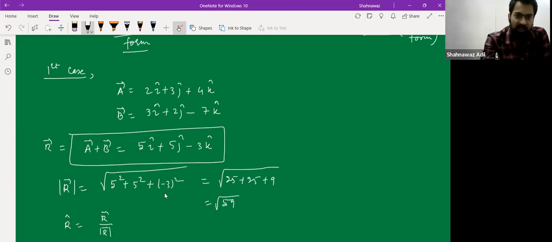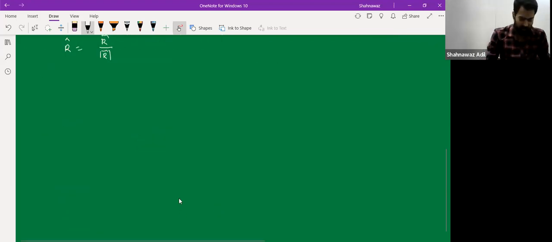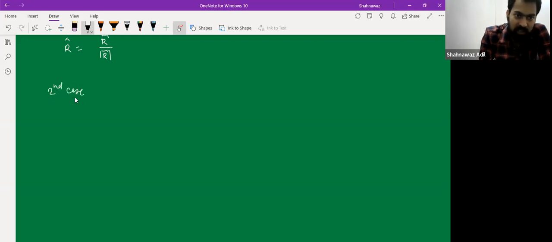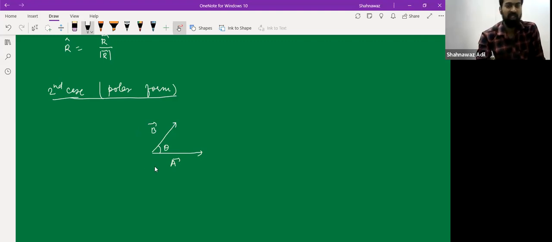But what about the second case? Let's say you have two vectors. For the second case, which is the polar form, this vector is given, and this vector is given, and the angle between them is given. So how will we add these vectors?